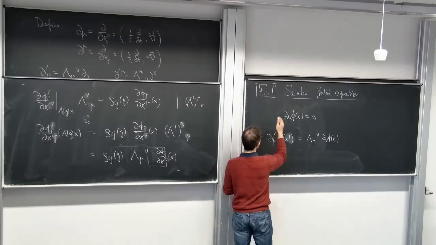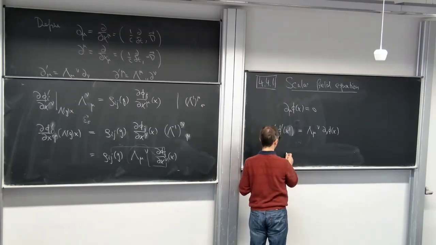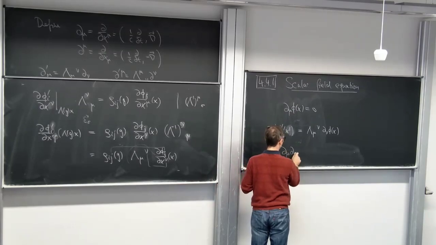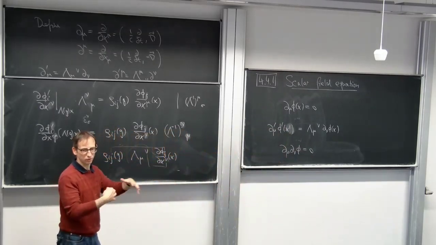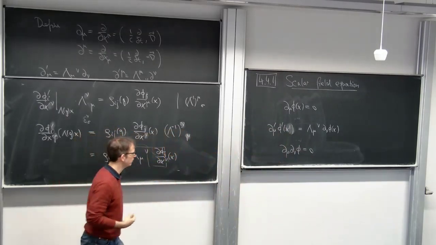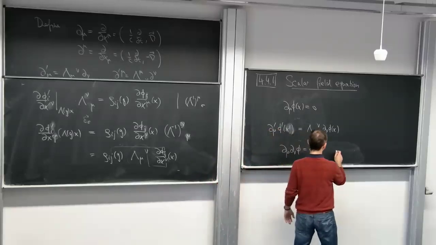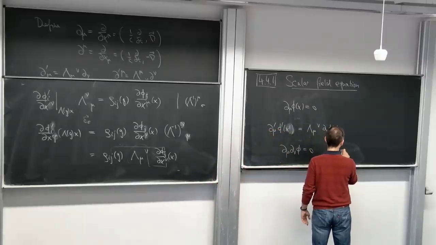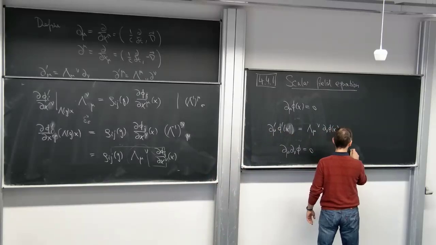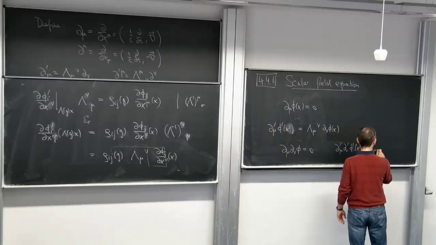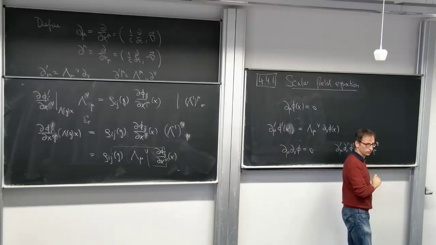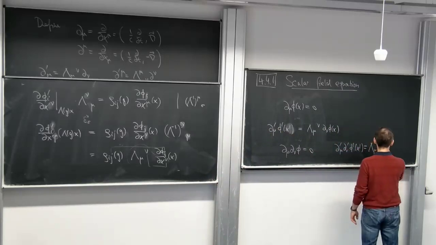This is the first guess, and, you know, let's do this: 2 derivatives. This is also a good equation from the relativity point of view, because d prime mu d prime nu phi prime x prime is lambda mu rho, the third one in my favorite list.